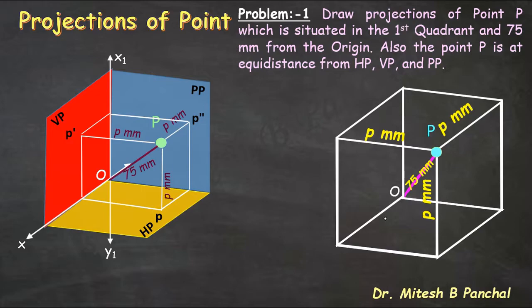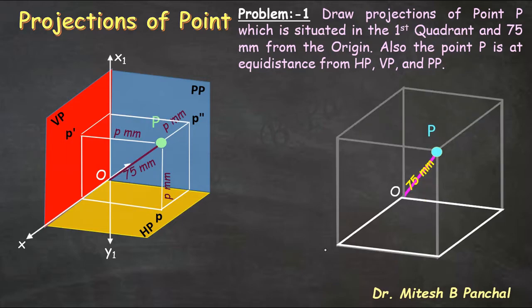Now you have to draw the projections of point P. So how to draw that? So here P you have to find out. So for that, consider first the bottom face of a cube.